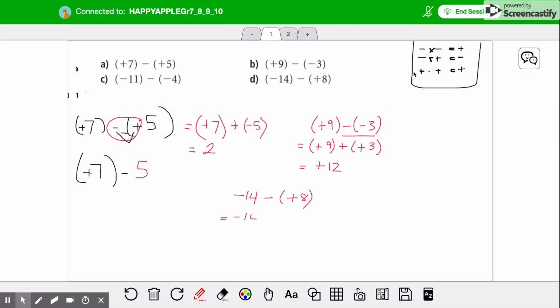-14 plus +8. Now, what did we say? Add what? If you have subtraction, you add the opposite. So what am I adding here? -8. Right, add the opposite.